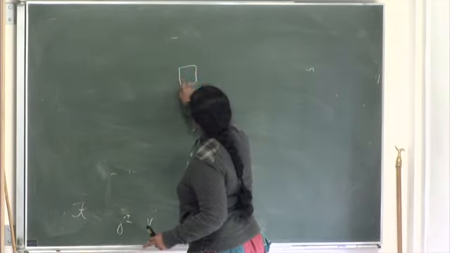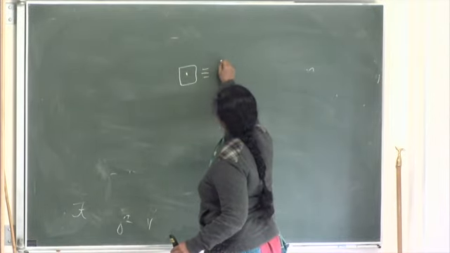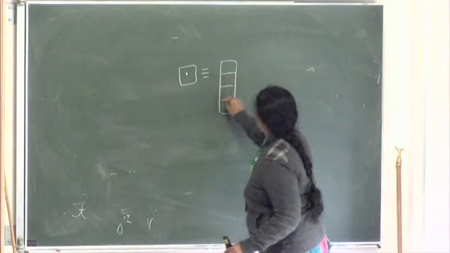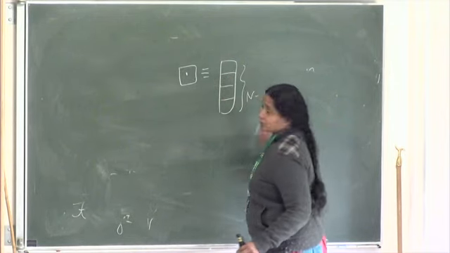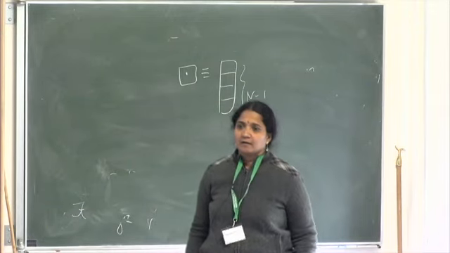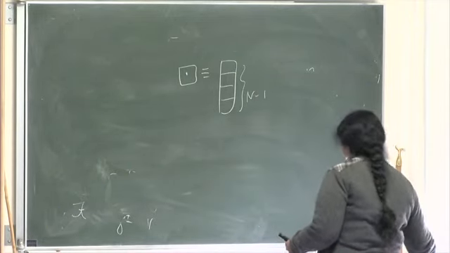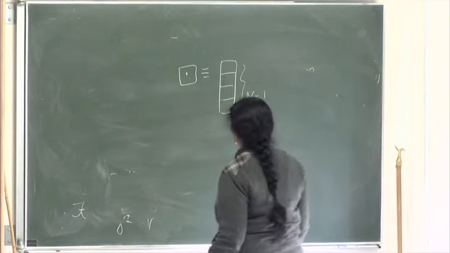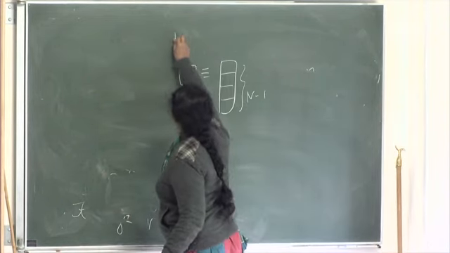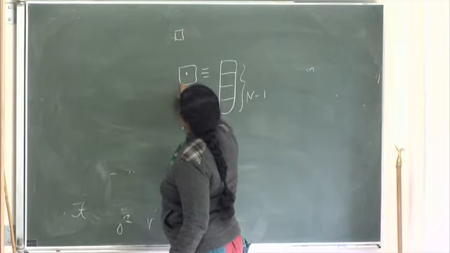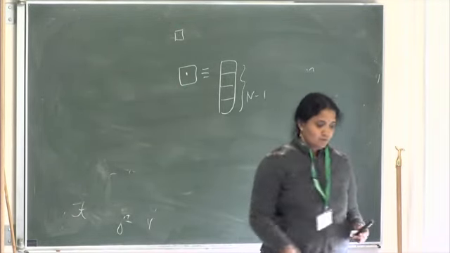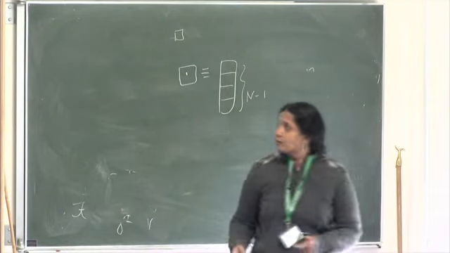So if I put a box with the hard dot, this is equivalent to N minus 1 boxes. So this is the antisymmetric rank. It's a conjugate to the fundamental. So if you have the fundamental, then the conjugate is denoted by a hard dot on a box.